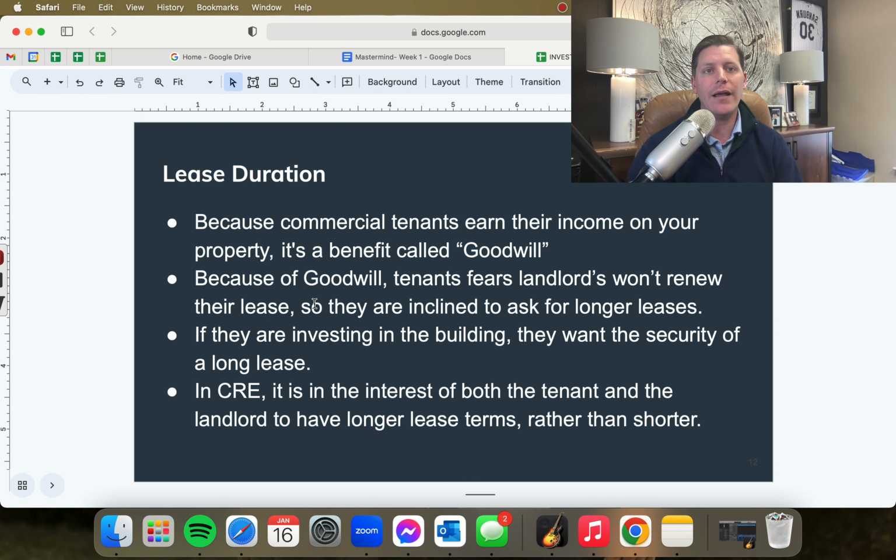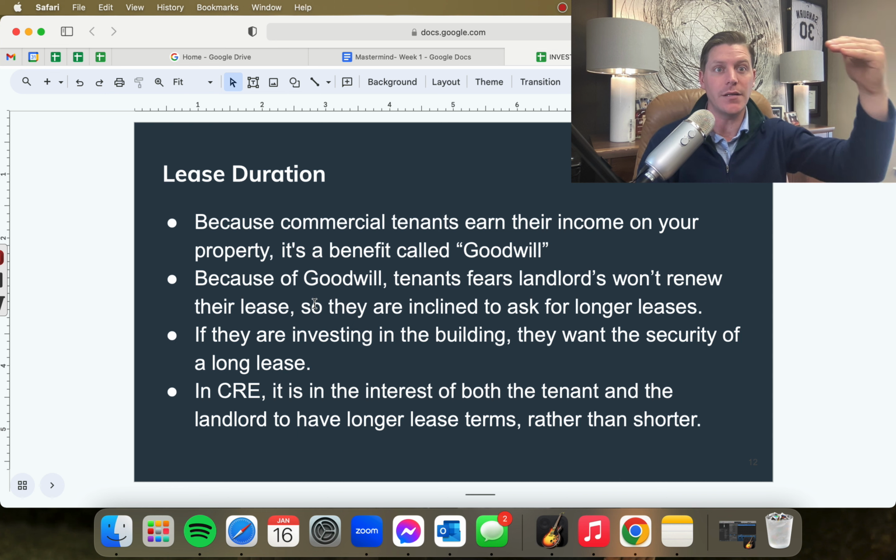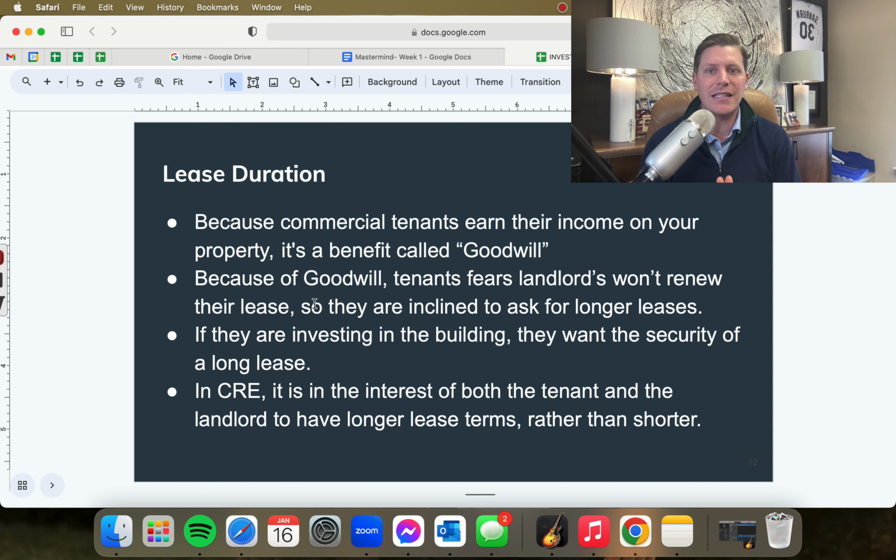You knew that you could forecast down to the dollar how much it was going to cost you to run your business, you would be able to be more effective with your decision making today. Versus maybe in 12 months, the price of your fixed cost of rent was $10,000 this month, and then in 12 more months, it could be $15,000. It's not going to allow you to be as efficient with your decision making if you don't know what your fixed cost is going to be in your business. So that's why these tenants want longer term leases.